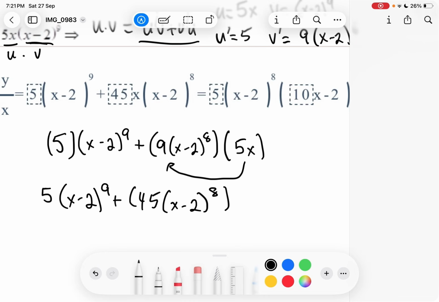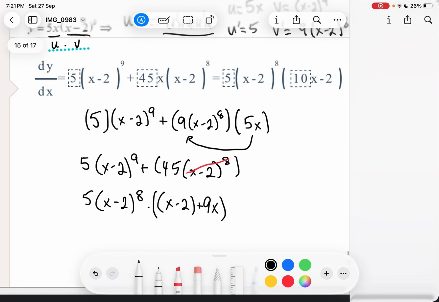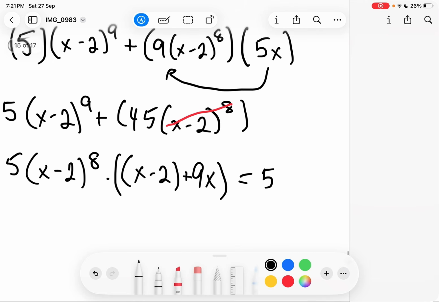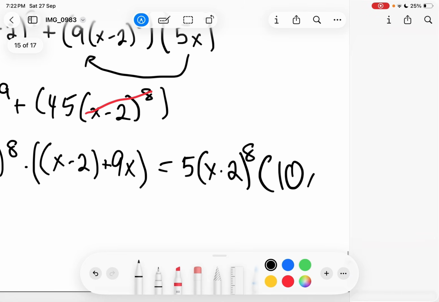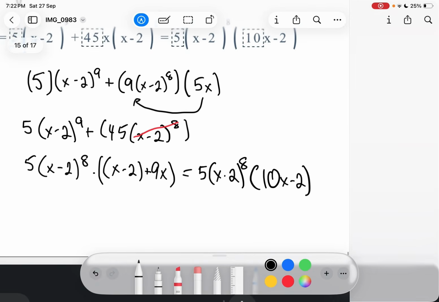And then here you could factor out, and write 5(x - 2) to the power of 8 times [(x - 2) + 9x], which is equal to 5(x - 2) to the power of 8 times (10x - 2).